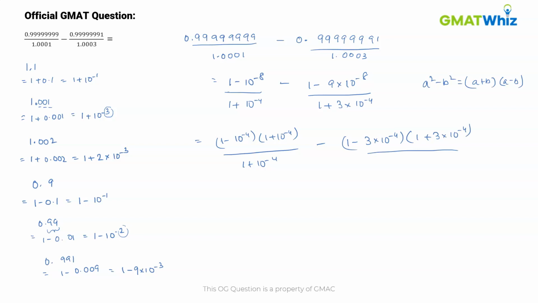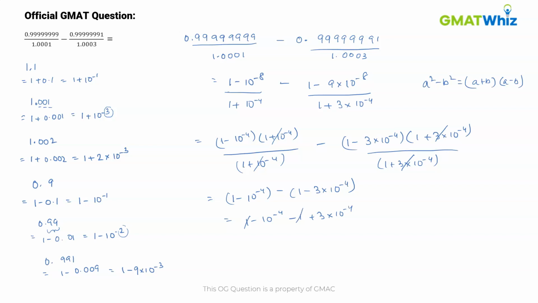And in the denominator, we have 1 plus 3 times 10 to the power minus 4. Now, cancelling these terms in the first term, and in the second term cancelling 1 plus 3 into 10 to the power minus 4, we have 1 minus 10 to the power minus 4 minus 1 minus 3 times 10 to the power minus 4. This gives us 1 minus 10 to the power minus 4 minus 1 plus 3 times 10 to the power minus 4.